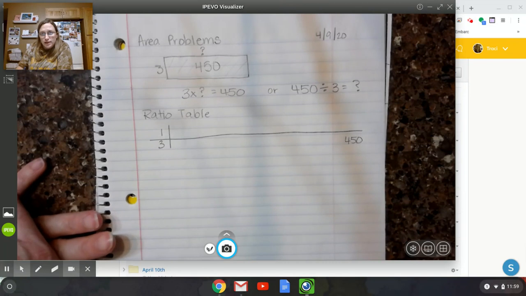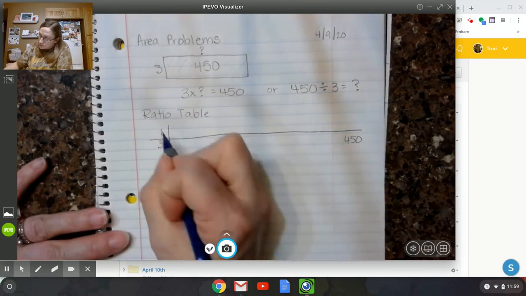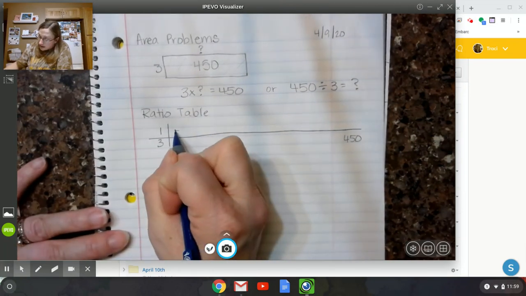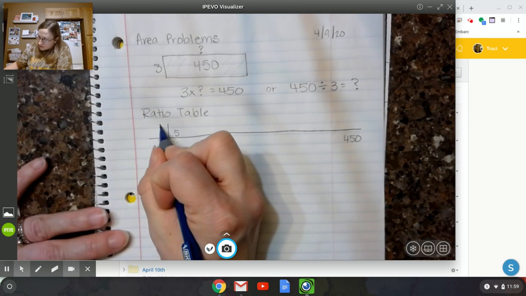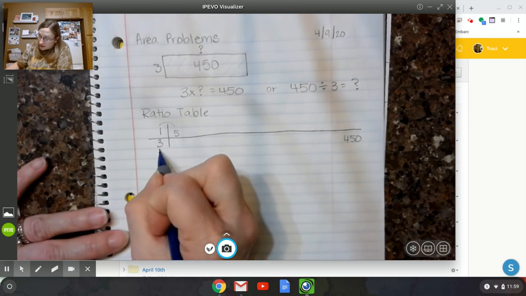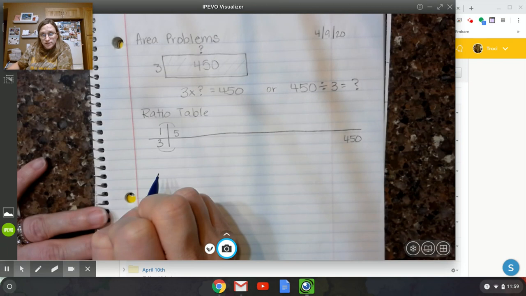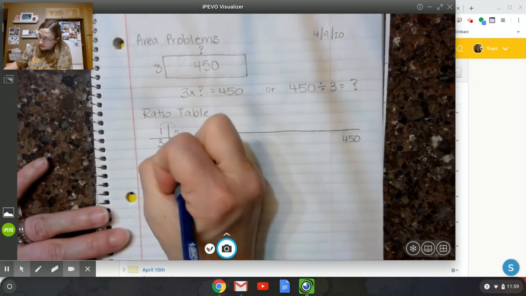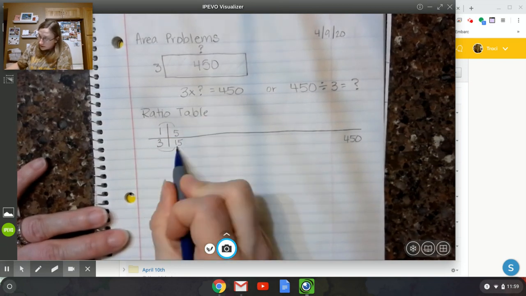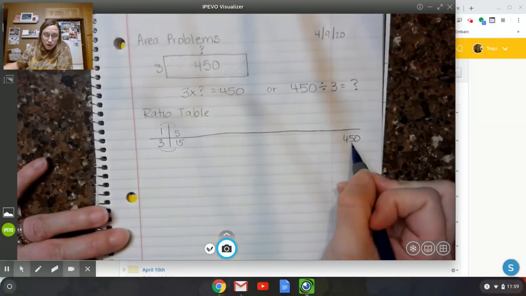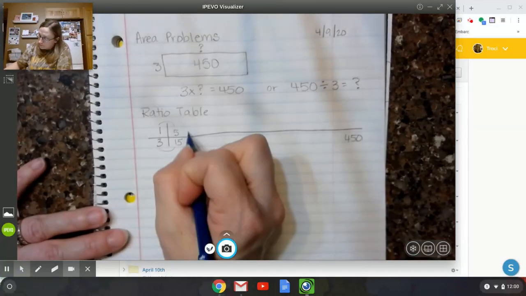So let's think about what we remember about ratio tables. If I multiply this by 5, the 1 times 5 is 5, I can multiply the 3 by 5. What is 3 groups of 5? 5, 10, 15. Okay, I'm getting closer, but nowhere close to 450.